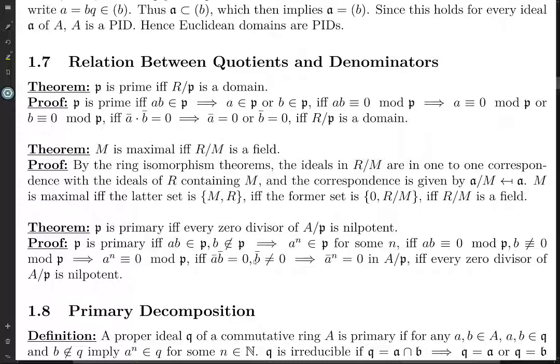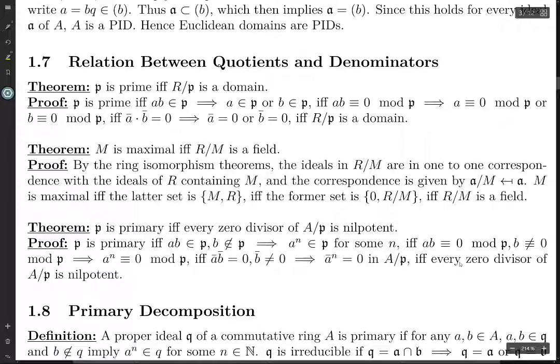Okay, so obviously if this holds, then suppose you have a zero divisor. Let's call it b bar. Take b bar, multiply by a bar, and get 0. Then either a bar was equal to 0, in which case you got 0, or a bar was not equal to 0. And if a bar is not equal to 0, then a bar to the n is equal to 0.